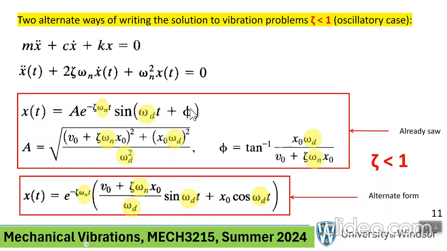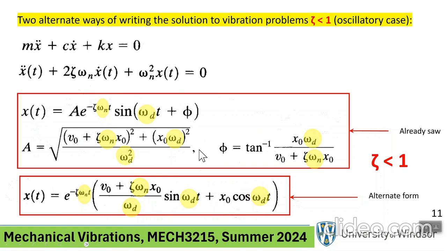Sine of alpha plus beta. In trigonometry, we could take that sine of alpha plus beta and write it as sine of alpha cosine of beta plus sine of beta cosine of alpha, right? So if you use that expansion and do a little bit of cleanup, this big box, as it is here, reduces to the box below it.